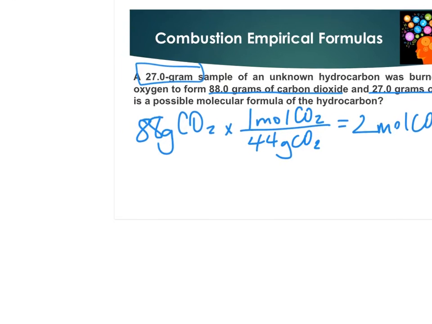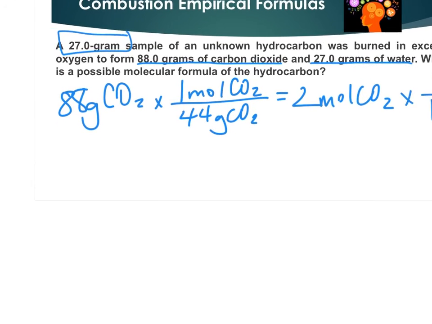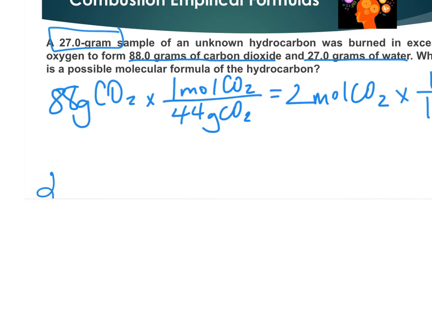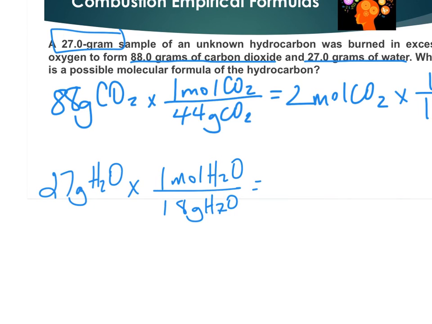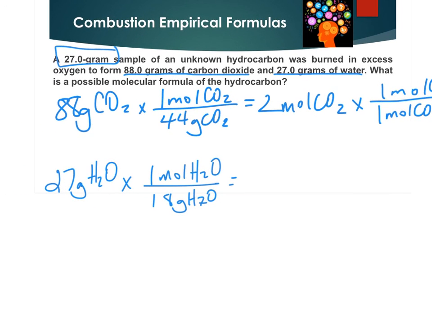So we're going to come back over here and try to do the same thing for the water. So we have 27 grams of water, H2O. I left off my decimal on both those, but it's fine for now. So 1 mole of water is 18 grams of water. I'm going to have to do that in the calculator. I'm so tired. 27 divided by 18.